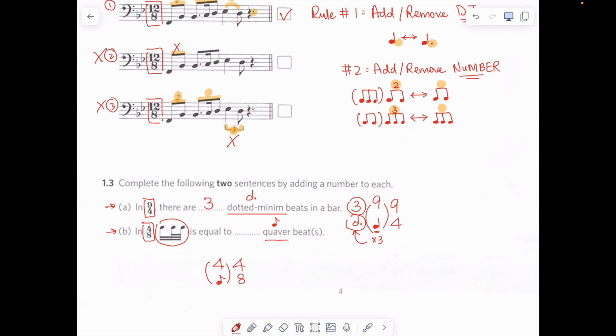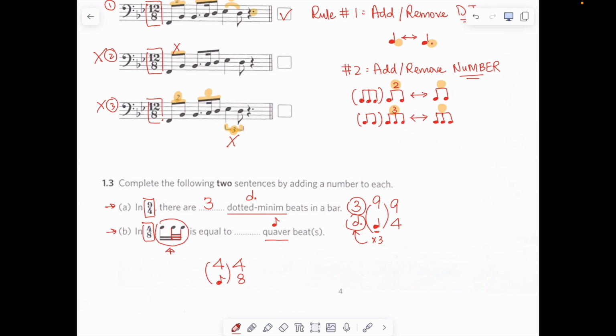Now let's take a look at this rhythm here. Again, we're going to start with the smallest value, which we have done a lot in the previous video when we did question 1.1. So these 2 notes are beamed together. They have 3 beams, which means they are 2 demi-semiquavers. Each of them is a demi-semiquaver.